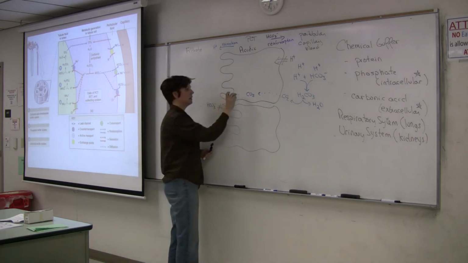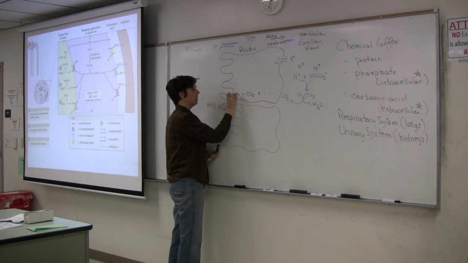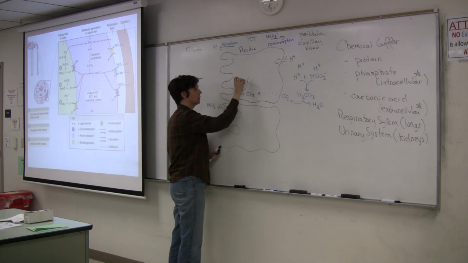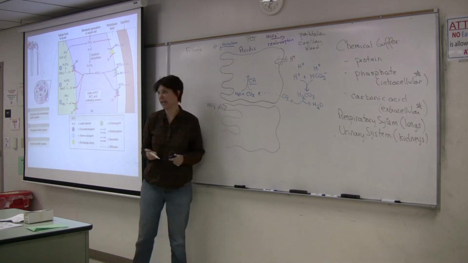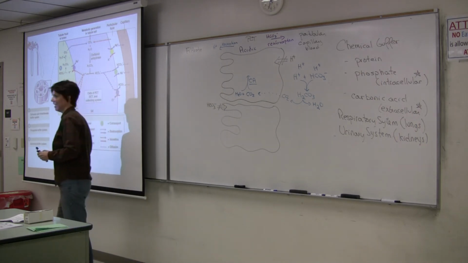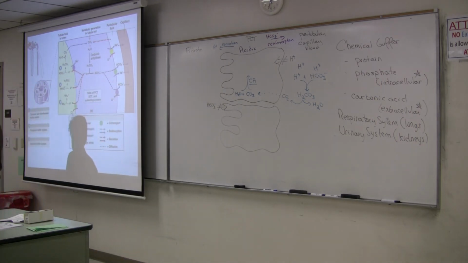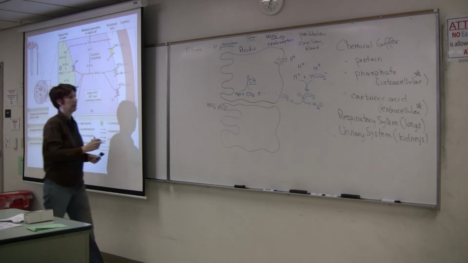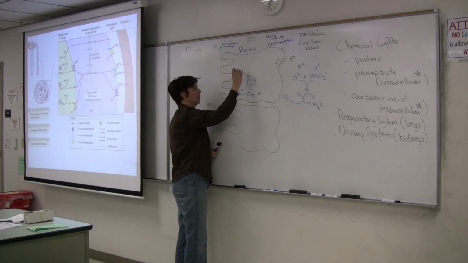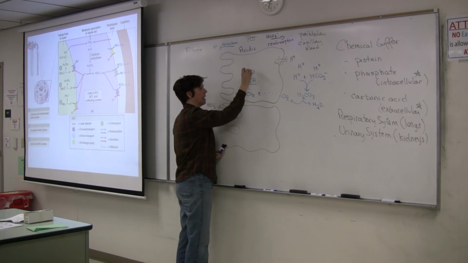Within the cell, it combines with water and uses carbonic anhydrase, that enzyme that we had present in red blood cells. Okay, it's also present in our proximal convoluted tubule. Carbonic acid is formed again.